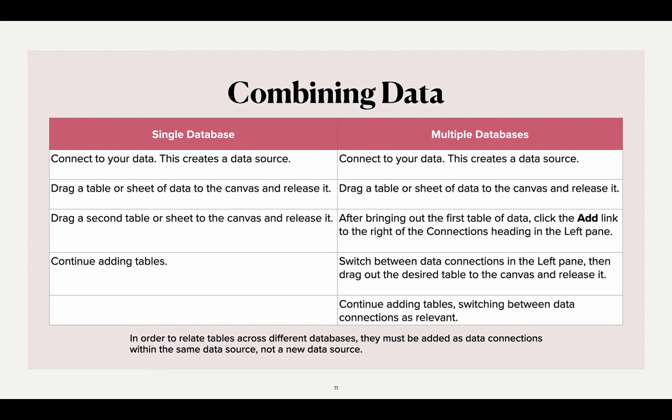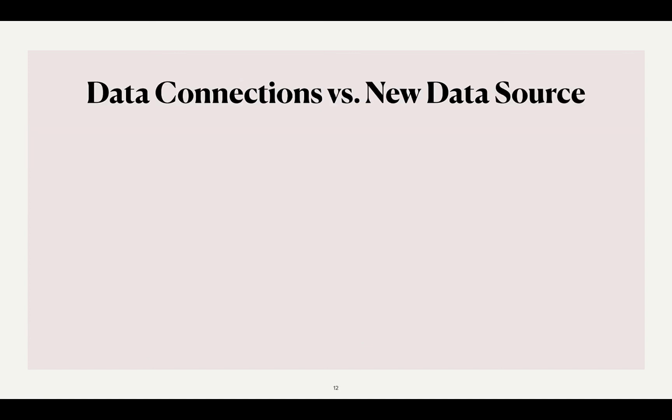Now I'm not going to go through everything on these tables. You could read through them, but it's important to understand that in order to relate tables across different source data, they must be added as data connections within the same data source, not a new data source. And this is going to become clear as I take you through a couple of illustrations.